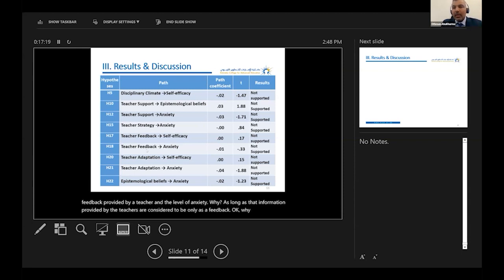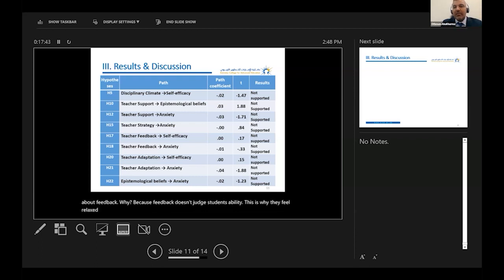Why? Because feedback should be given for learning purposes, not for assessment purposes. If these feedback points are given for assessment purposes, in this case there is anxiety. But teacher's feedback and anxiety are not related as long as we are talking about feedback. Why? Because feedback doesn't judge students' ability. This is why they feel relaxed.